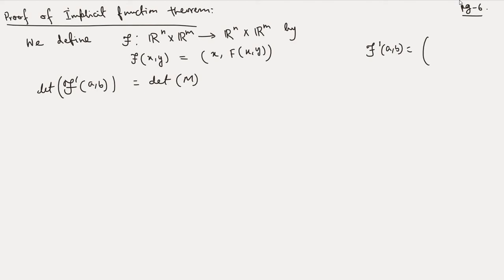This is equal to a block matrix. Here we have the identity matrix of order n cross n, and here we have M. It does not matter what we have here, and this is 0. So this is a block matrix, and its determinant equals the determinant of M, which is not equal to 0.